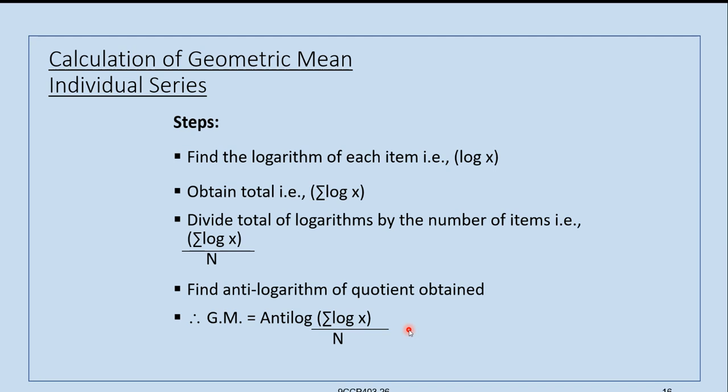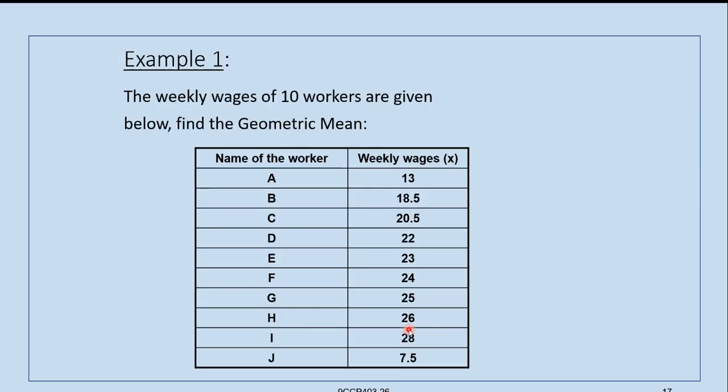Coefficient means the result obtained. In this example, we have taken 10 workers, that is, the series consists of 10 numbers. So here weekly wages are given. We have to calculate the geometric mean of the weekly wages of this series.